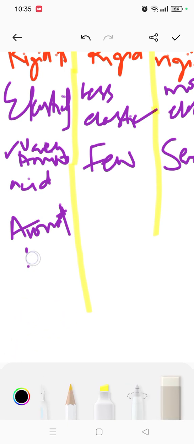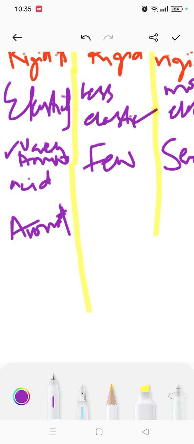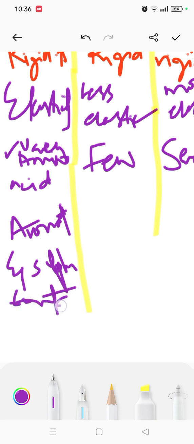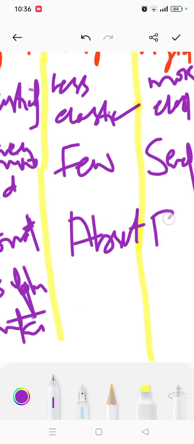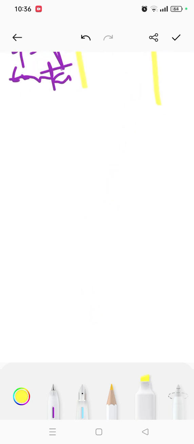And sulfur-containing amino acids are present. Sulfur is not present in both, so that's why we have a difference. In this it would be absent, and in this one it is present. I'm sure it would be clear to you.